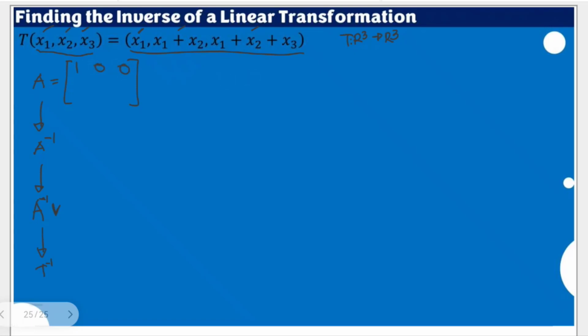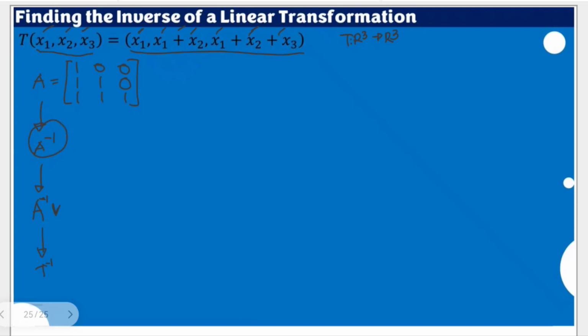Next, you have x sub 1 plus x sub 2, so x sub 1, x sub 2, but you don't have x sub 3. And for the third entry, x sub 1 plus x sub 2 plus x sub 3, you have 1, 1, and 1. This is now our standard matrix.